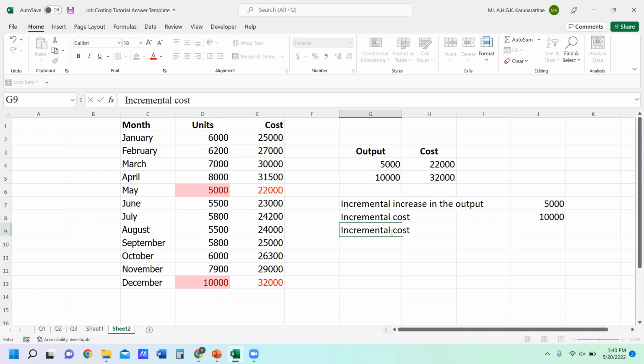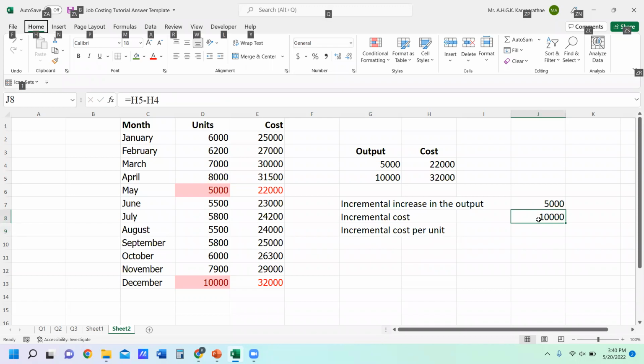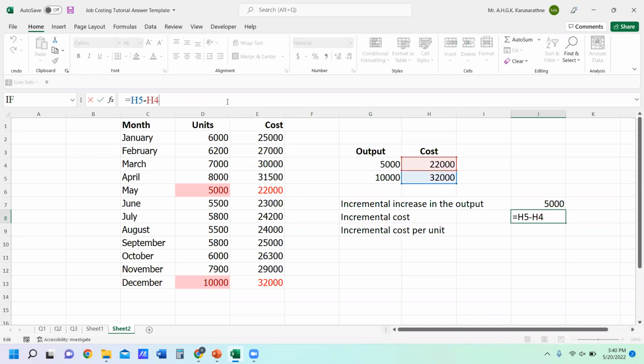Incremental cost, or variable cost, or marginal cost per unit is this 10,000 divided by 5,000.